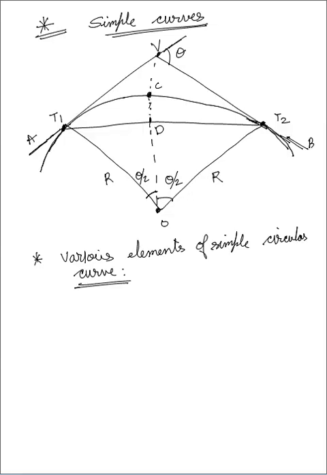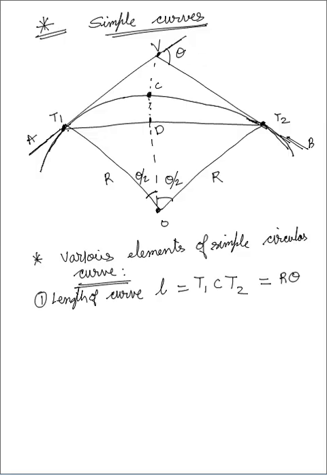So the first element is your length of curve. Length of curve is denoted by small l. It is from T1 through C up to T2, so it is equal to r theta.